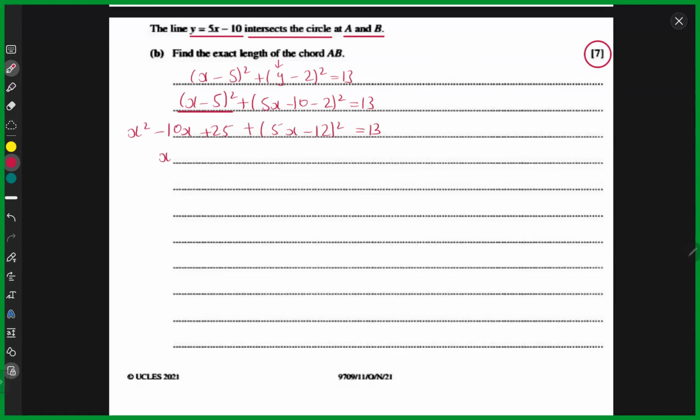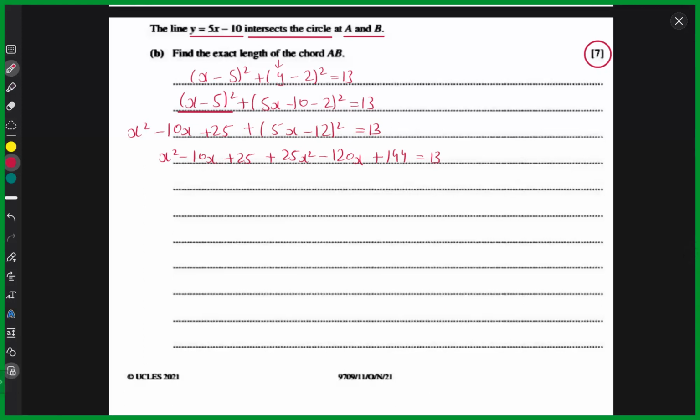So x squared minus 10x plus 25 plus 25x squared minus 2 into 12 into 5x, which gives 120x, plus 144 equals 13. Just take 1 minute and see if you are able to understand the expansion from the third to fourth step.